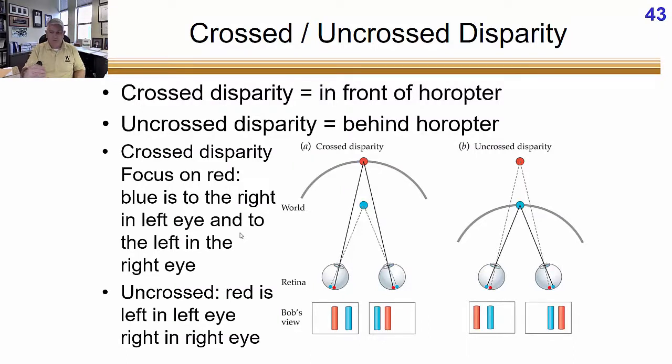Now the item that's in focus, the blue one, the disparity item is now to the outside, right? We call that uncrossed. So you can think about it like cross-eyed: if it's on the inside towards the nose, it's crossed disparity, that's closer, cross-eyed. Uncrossed, it's going to be on the outside of the focus thing.